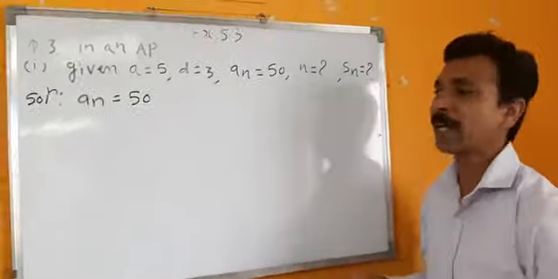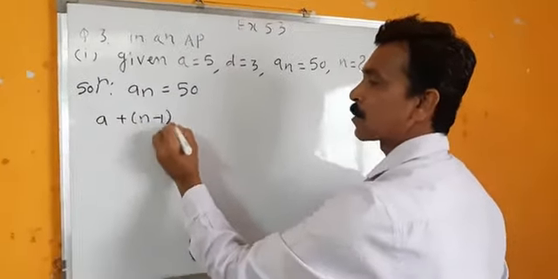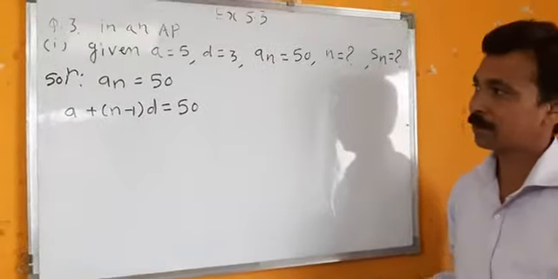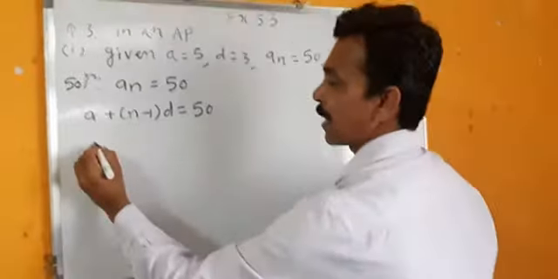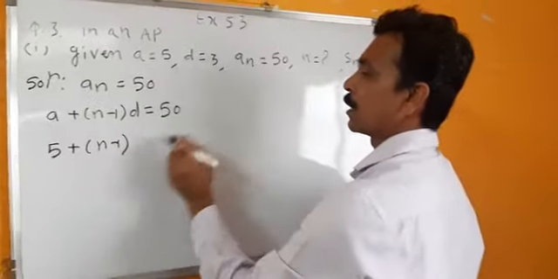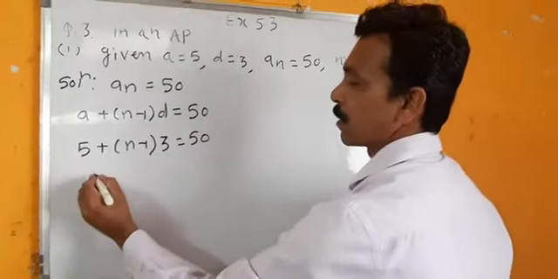Use the formula for an. What is an? a plus n minus 1 into d is equal to 50. What is the value of a? 5 plus n minus 1 into d, which is 3, is equal to 50.